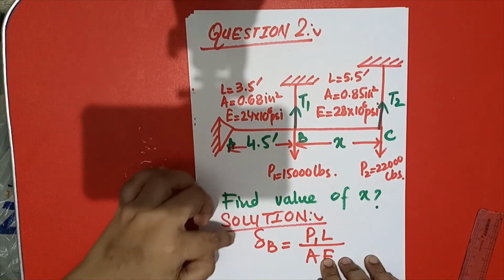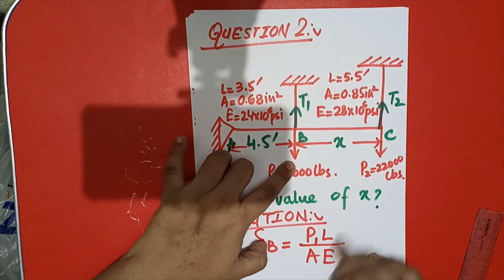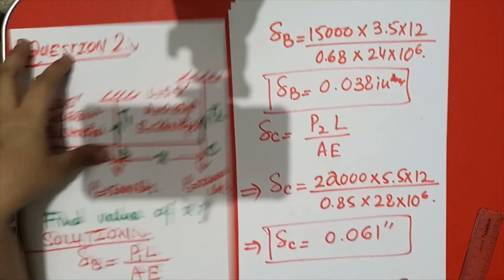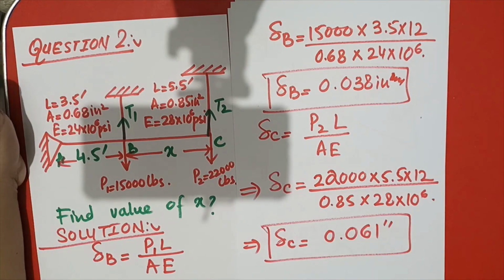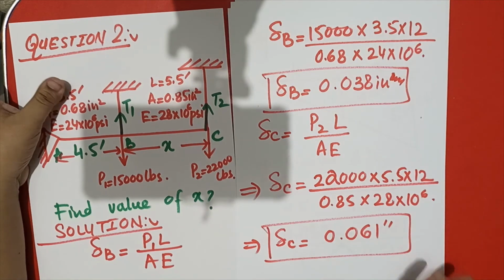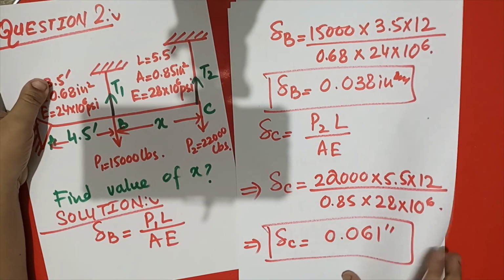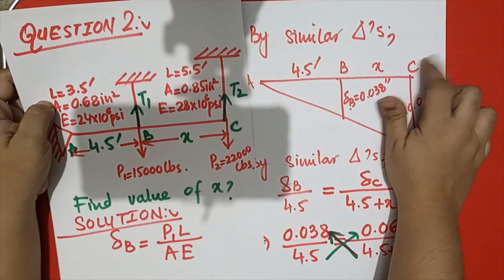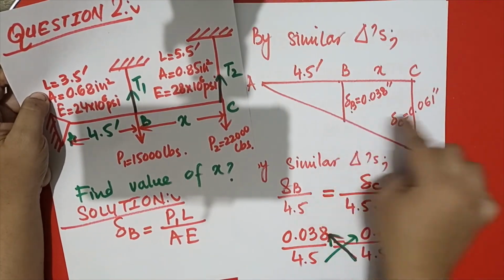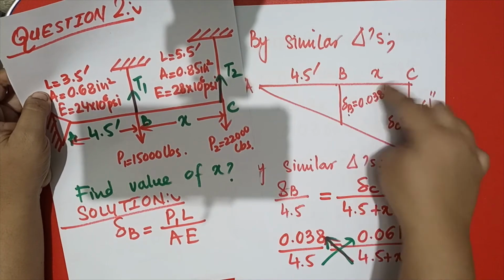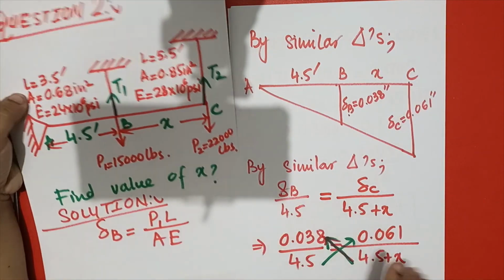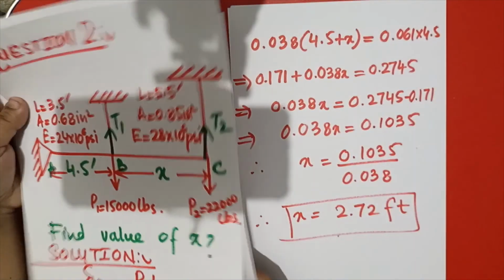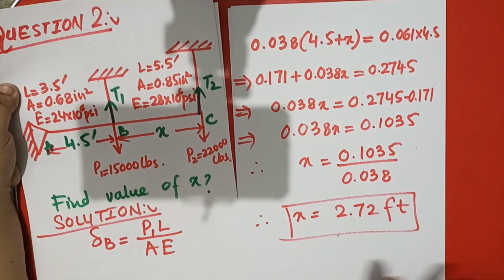First you find Delta B and Delta C by putting in all the data of both bars. Then you apply similar triangles, and by cross multiplication you will get the value of x. So the question is over.